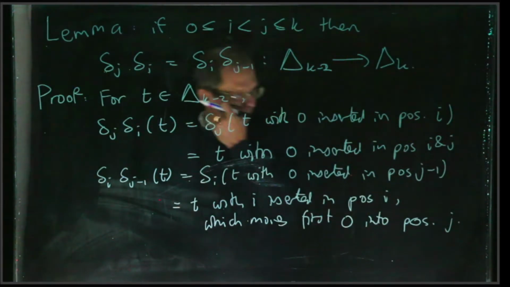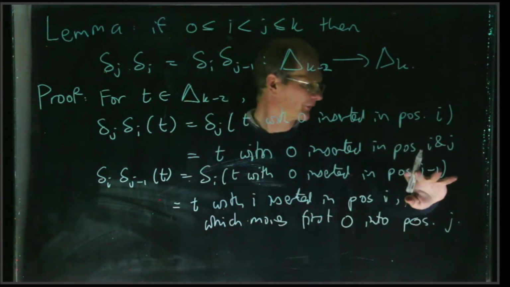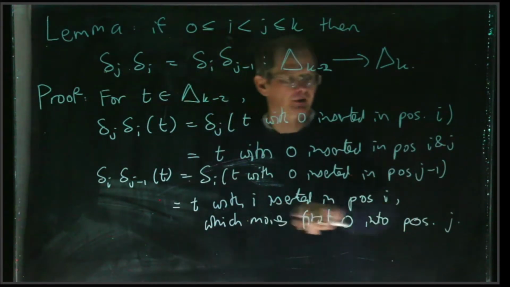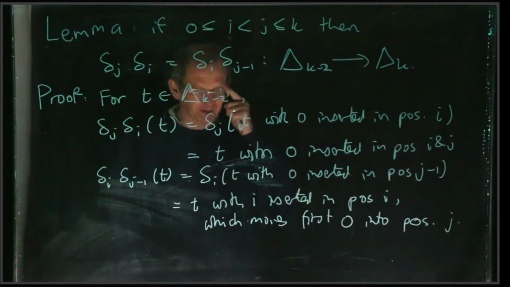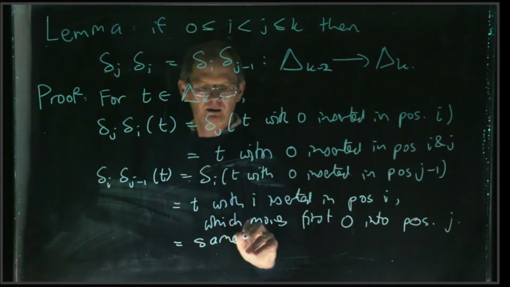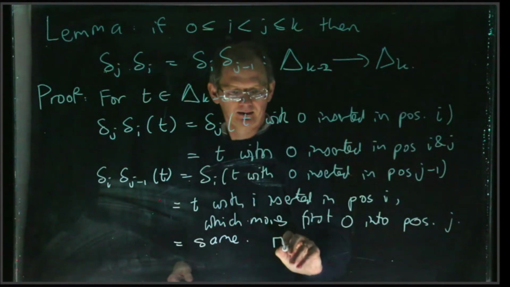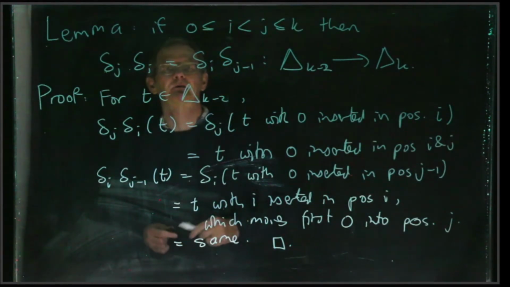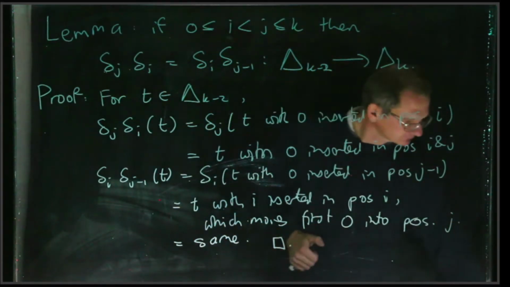Because we're putting the second 0 to the left of the first 0, and that forces the first 0 to move to the right. So that's the same. So we're seeing that delta j delta I is the same as delta I delta j minus 1.